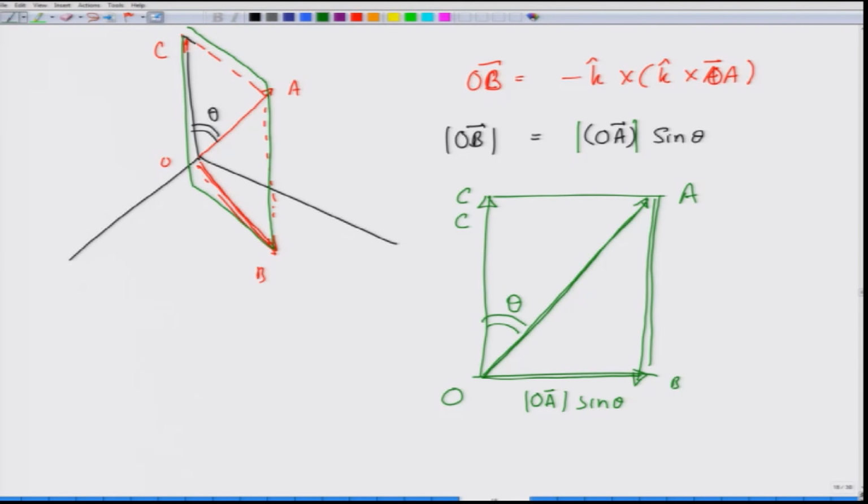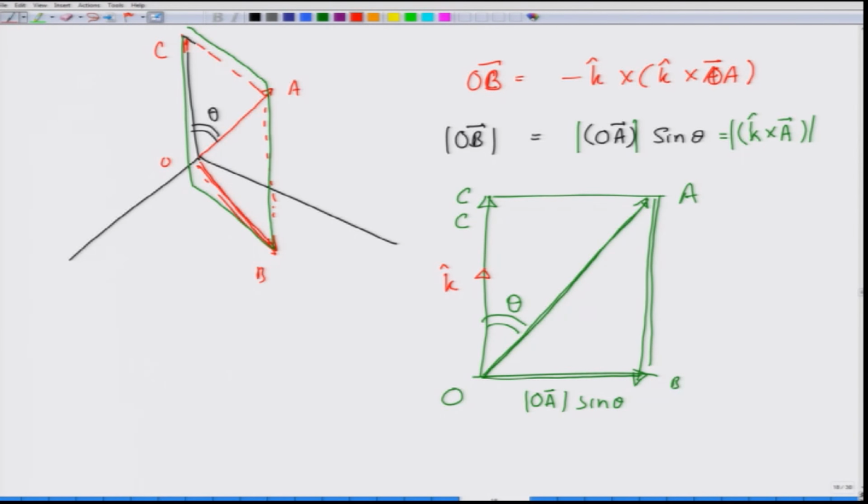So, this by definition is nothing but k cross A magnitude, because this vector is k unit vector. K cross A is going to be nothing but mod of k, mod of OA, sin theta. Mod of k is 1.